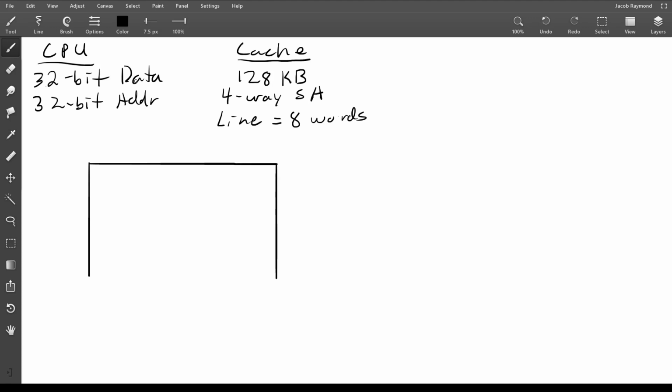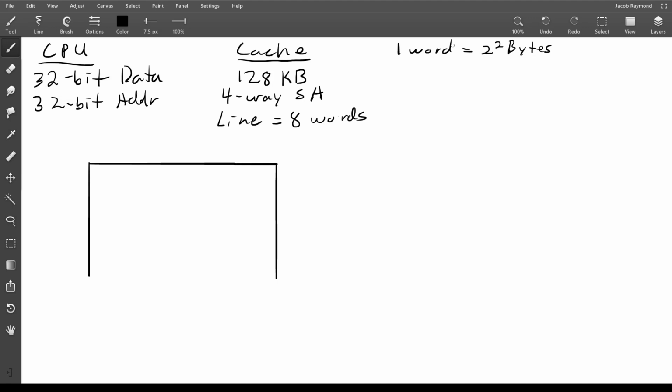So 32-bit data tells us that one word is equal to 2 to the power of 2 bytes. I've done a lot of conversion there, but again, 32 bits divided by 8 is 4 bytes, and 4 is 2 to the power of 2.